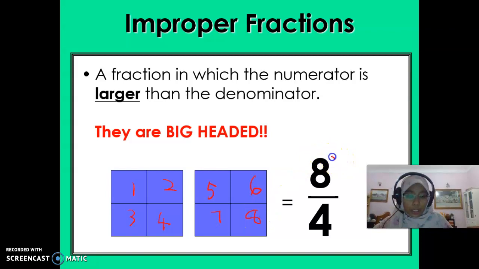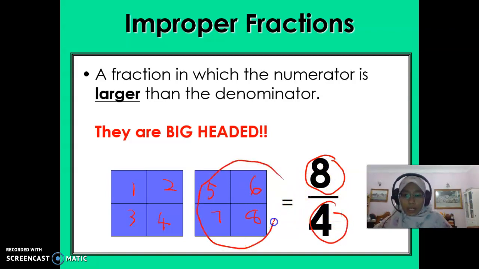That's why we put here 8. And then 4 is how many parts one whole has been divided into. Look, 1, 2, 3, 4. That's why here we put 4. Okay? Alright, next example.